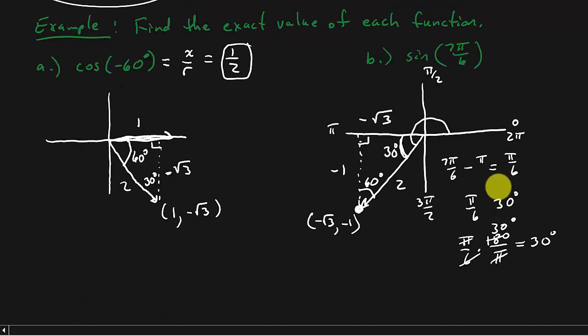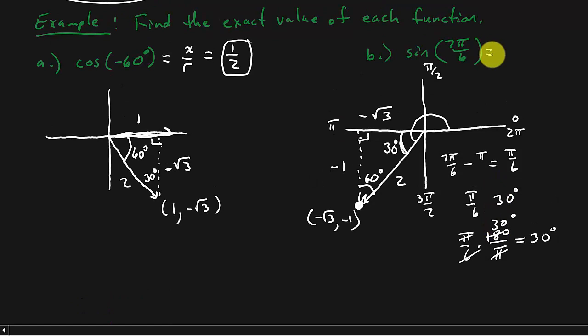So now let's look at sine. Sine is what? Y over R. So let's see, we've got Y, which is negative 1. So that's negative 1 over R, which is 2. So that's negative 1/2.